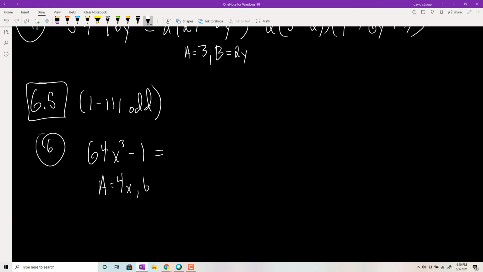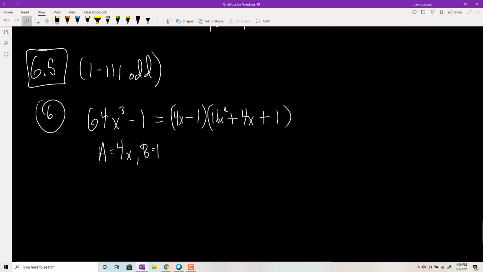And then B is 1. So same, opposite, always positive. So I'll have 4x minus 1, and then a squared, 4x times 4x is 16x squared. And then a times b is 4x, and then b squared is 1. And I think that's it. That's all we can do.